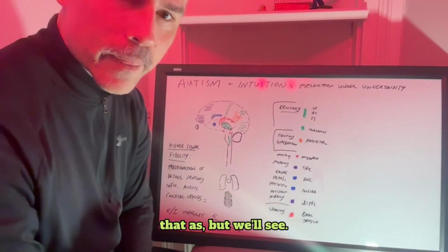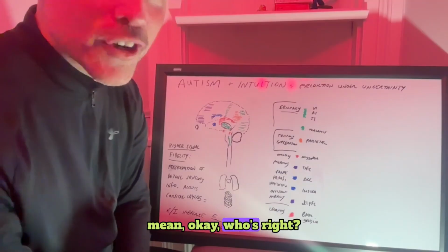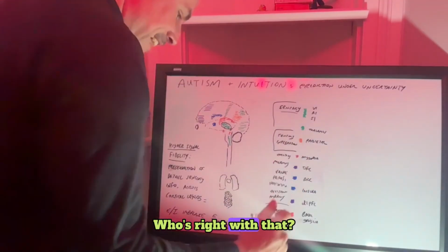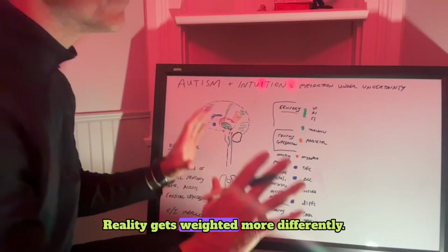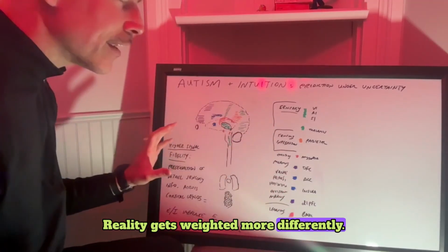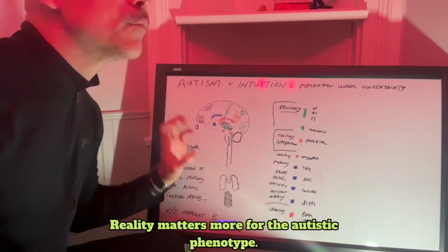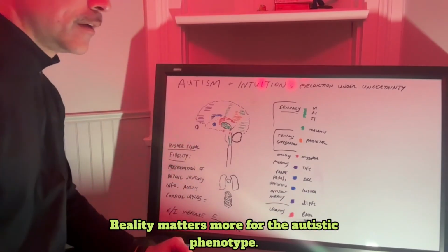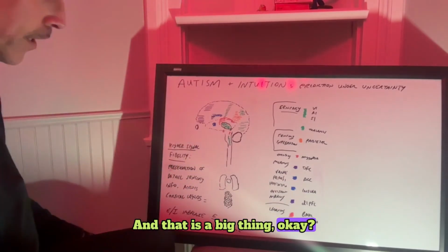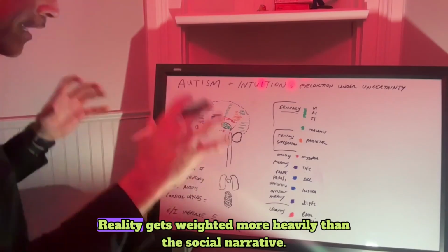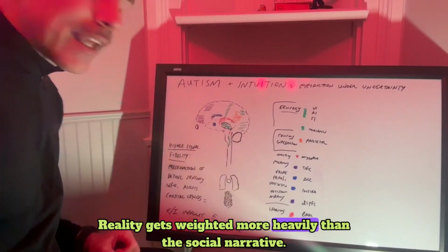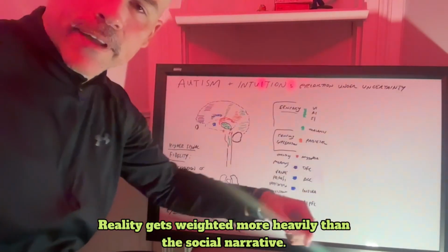But we'll see. I mean, okay, who's right? Who's right with that? Reality gets weighted differently. Reality matters more for the autistic phenotype. And that is a big thing, okay? Reality gets weighted more heavily than the social narrative.